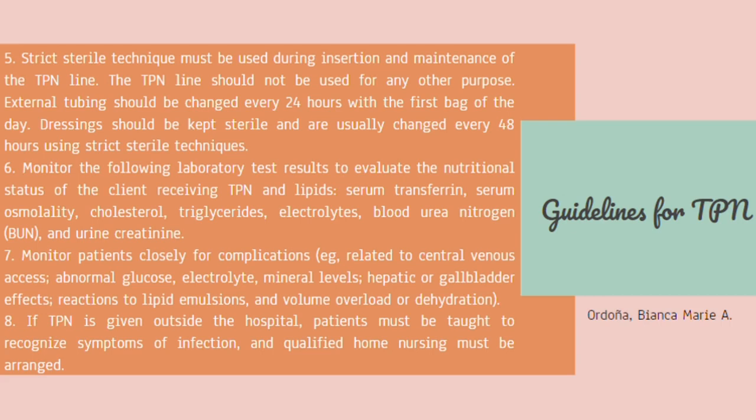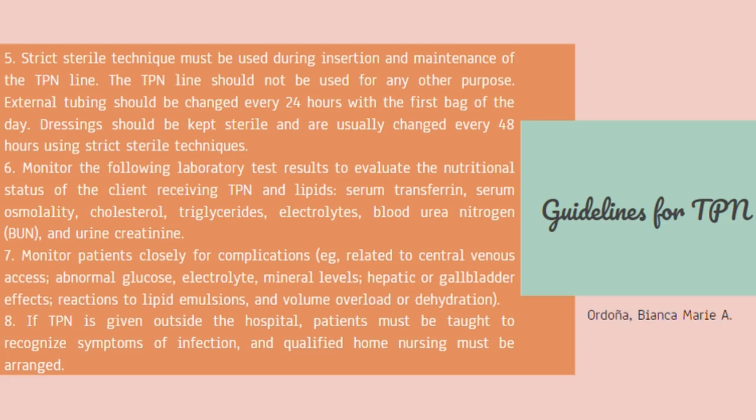Sixth, monitor the following laboratory test results to evaluate the nutritional status of the client receiving TPN and lipids, such as serum transferrin, serum osmolality, cholesterol, triglycerides, electrolytes, blood urea nitrogen or BUN, and urine creatinine.